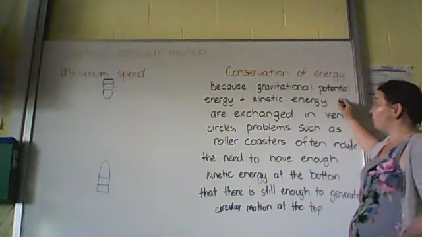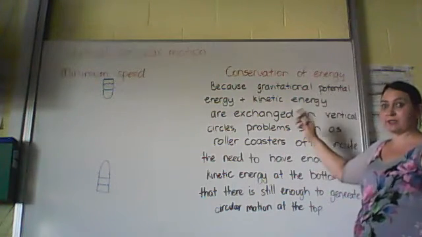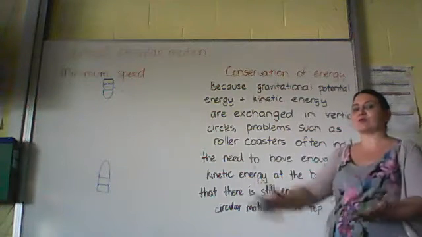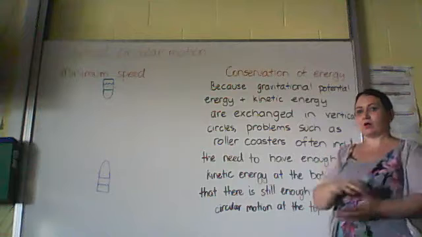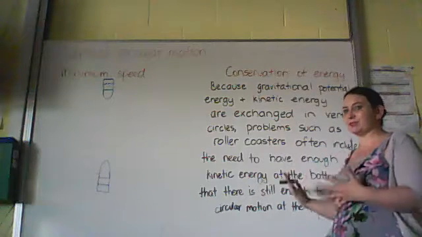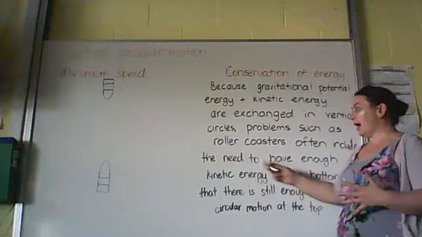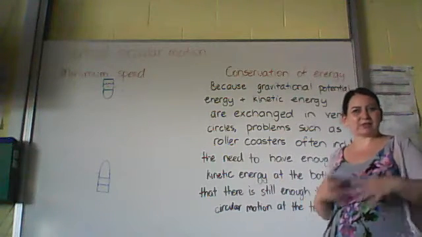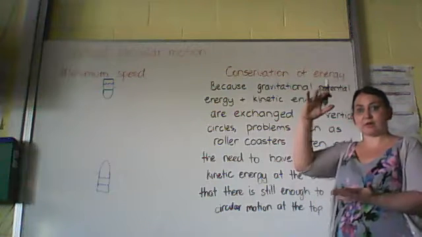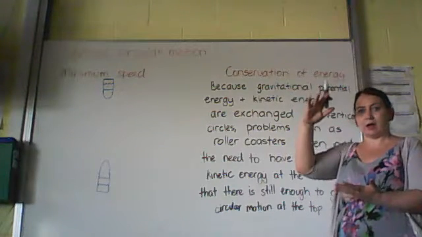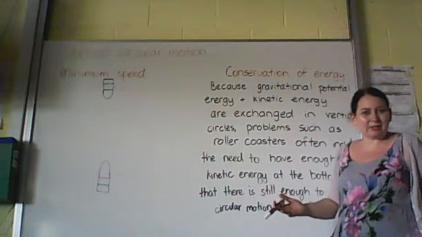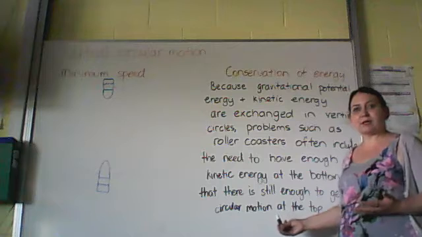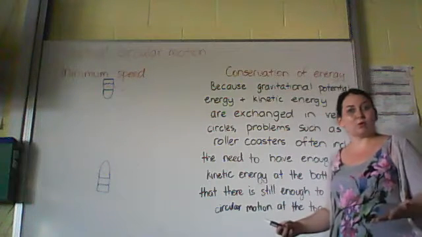Because gravitational potential energy and kinetic energy are exchanged as the roller coaster goes around the loop, quite often the problems we face in this section are to do with how much kinetic energy I need at the bottom, so that when I get to the top and I've exchanged some of that kinetic energy for gravitational potential energy, how much kinetic energy do I need left over to supply the velocity, to supply the centripetal force?